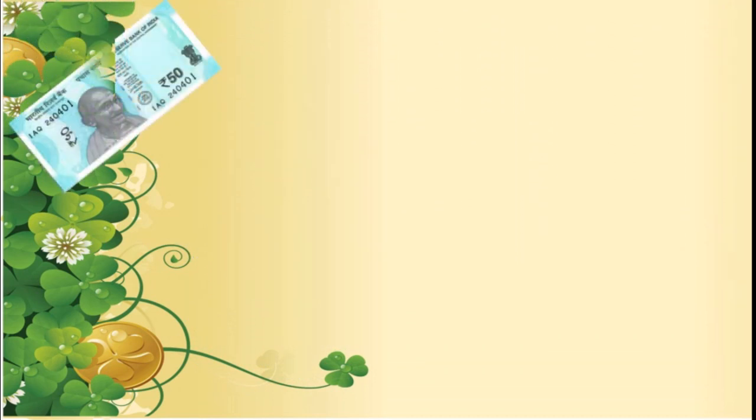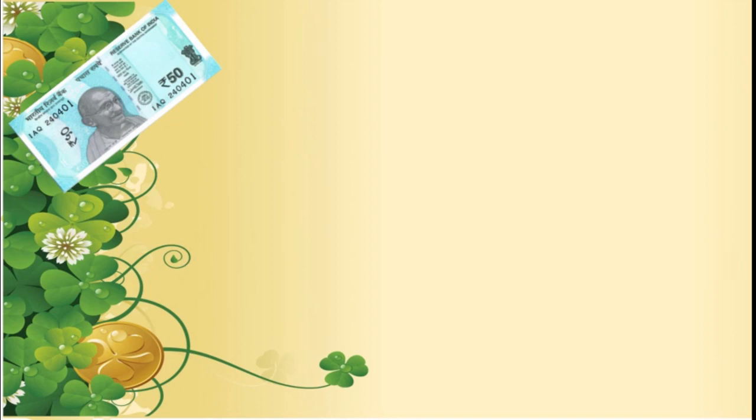Now again I am having this 50 rupees note, and now I need 2 rupee coins. In that case we saw that 50 rupees got in exchange of 50 1 rupee coins, isn't it? Now we will see I need 2 rupee coins here.